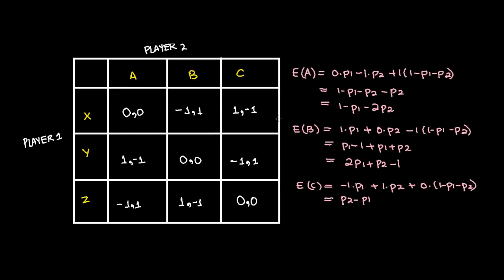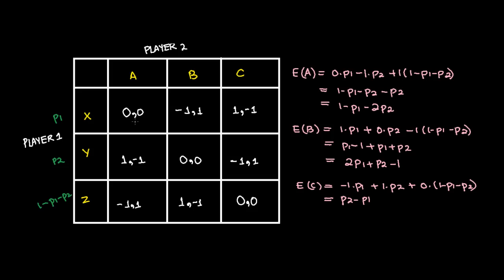Now player 2 is going to play either A, B, or C. When he plays A, whether he gets this payoff or this payoff or this payoff depends on whether player 1 plays X, Y, or Z. Player 1 is playing X, Y, and Z with probabilities P1, P2, and 1 minus P1 minus P2.